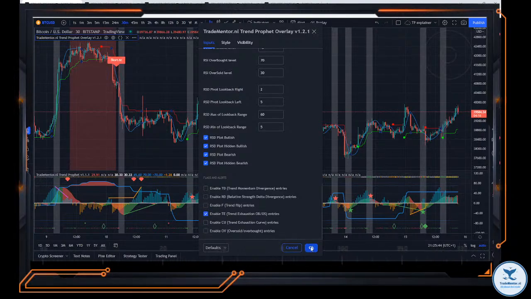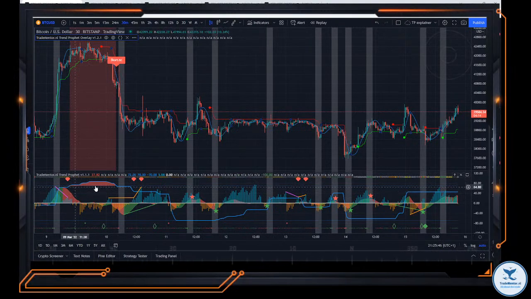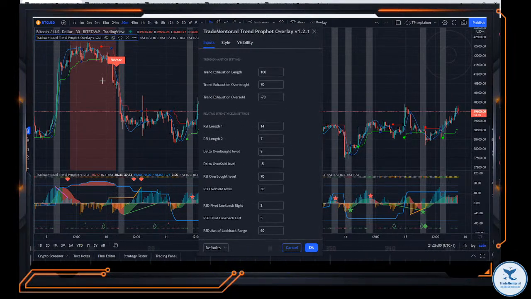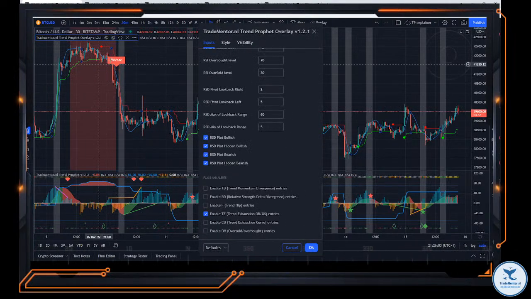There we go. So now you see that these red areas on the trend exhaustion are a red background on the overlay version. So in the overlay version you have the red background instead of this oscillator one. And the TE entries, the trend exhaustion entries, is when it exits the overbought or oversold areas.